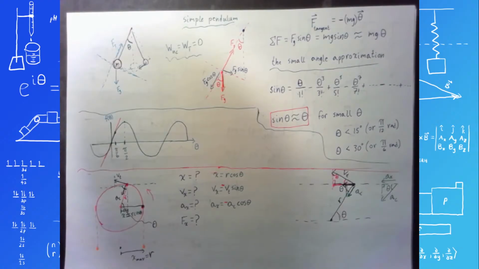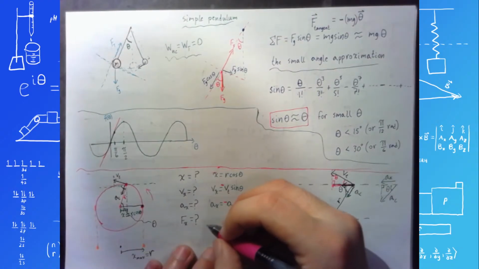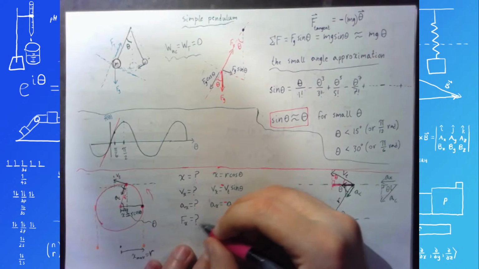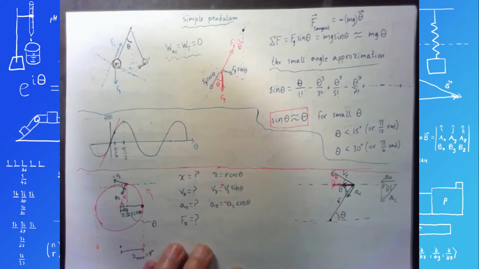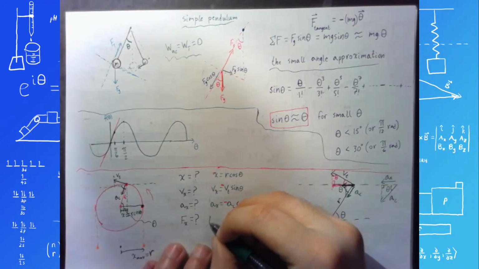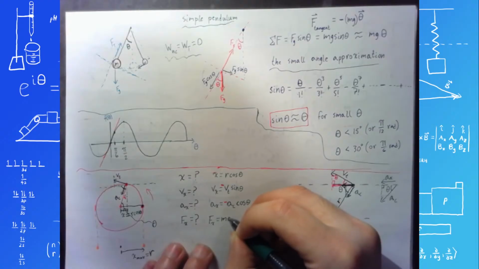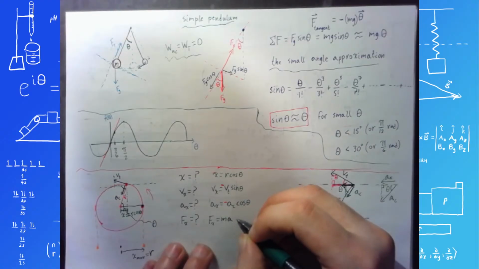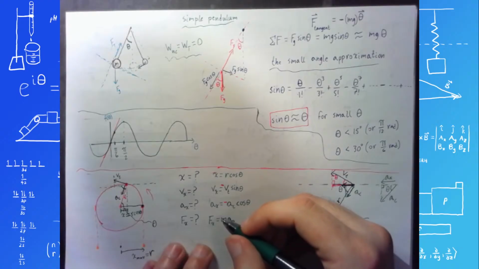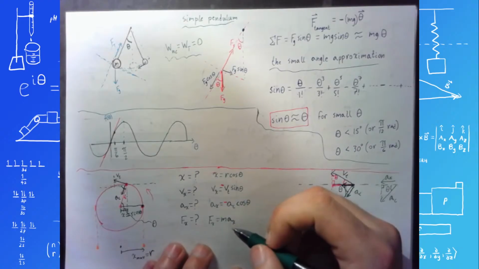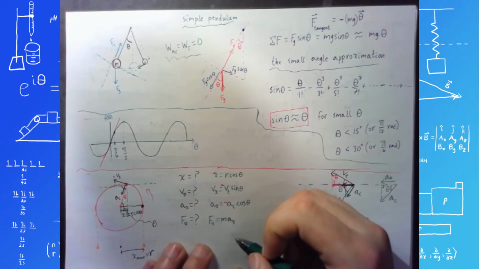Okay, and then force is going to be easy. The x component of the centripetal force is, well, centripetal force is mass times centripetal acceleration, so the x component of centripetal force is simply mass times the x component of centripetal acceleration. Did I say that right? The x component of centripetal force is mass times the x component of centripetal acceleration.